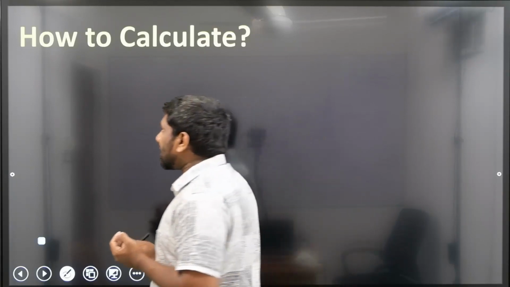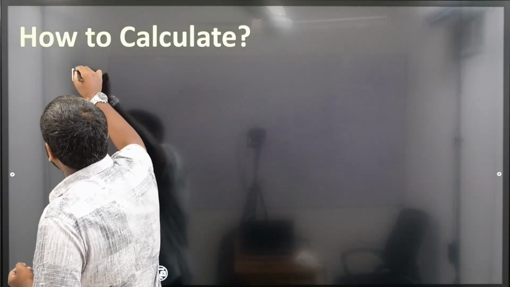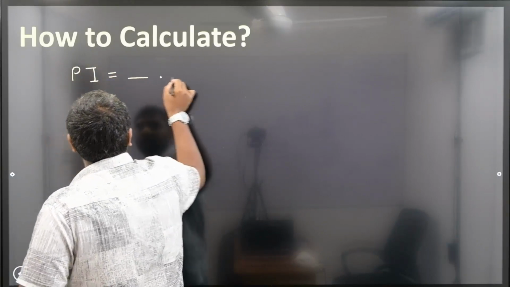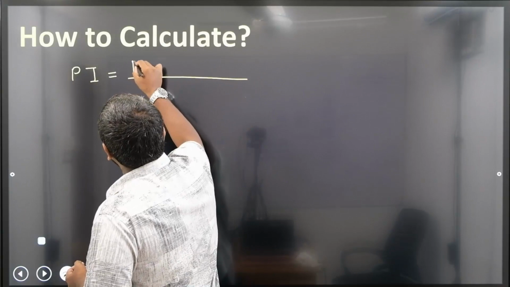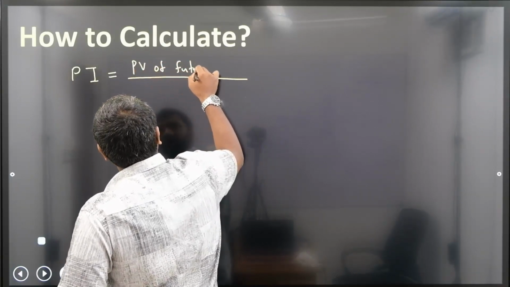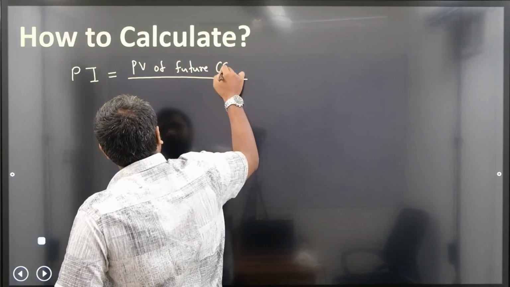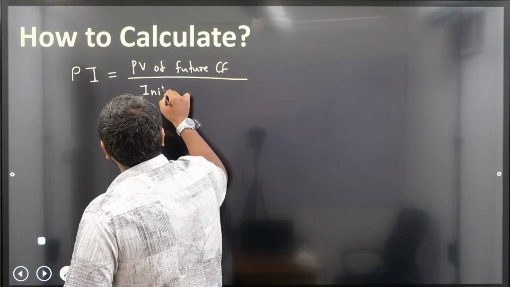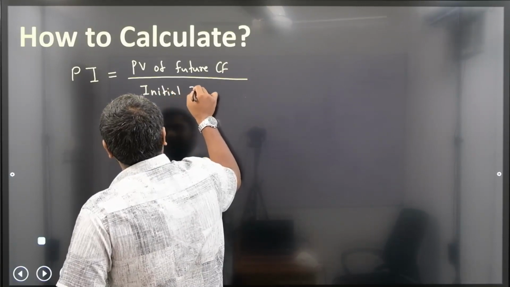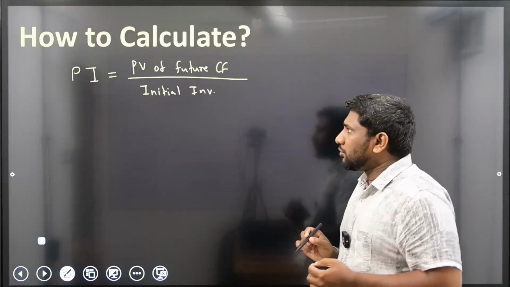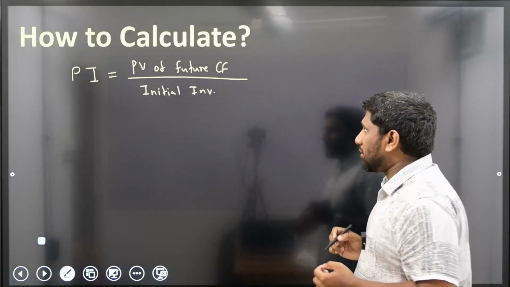One method to calculate the profitability index: profitability index equals the present value of future cash flows divided by the initial investment.